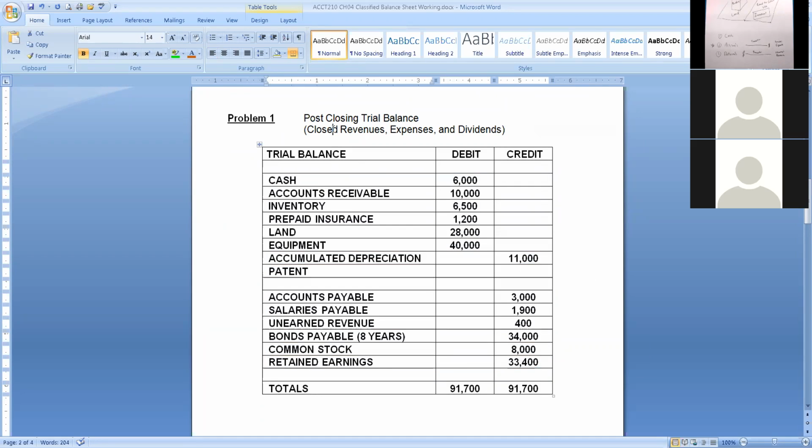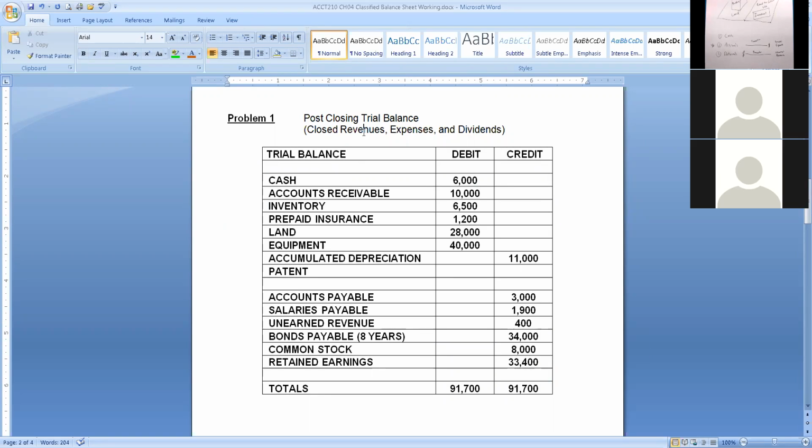For instance, if we're in 2020 and going into 2021, we're going to close out all the revenues, expenses, and dividends, and start new and say, okay, what are the revenues in 2021? Throughout the year, we'll record those revenues and expenses and so forth.